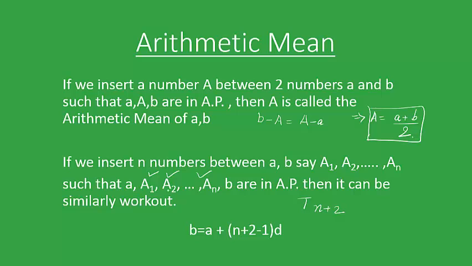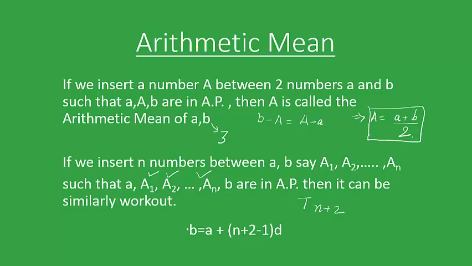So as you can see, when we inserted a single number, then small b was the third term. So if we insert n arithmetic means between two numbers, then b will be the (n plus 2)th term of the sequence a, a1, a2, ..., an and b.